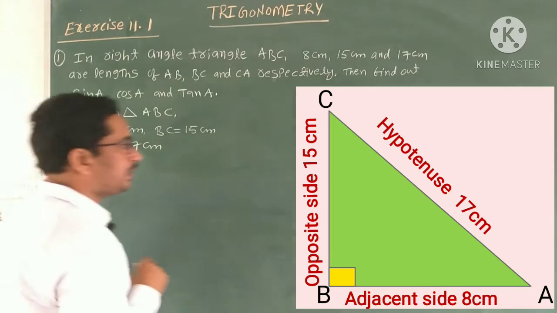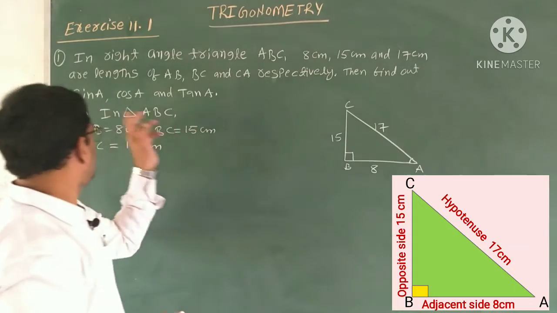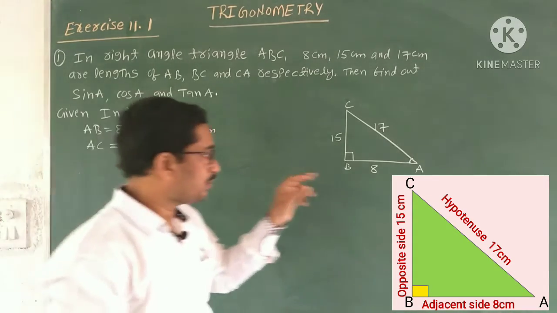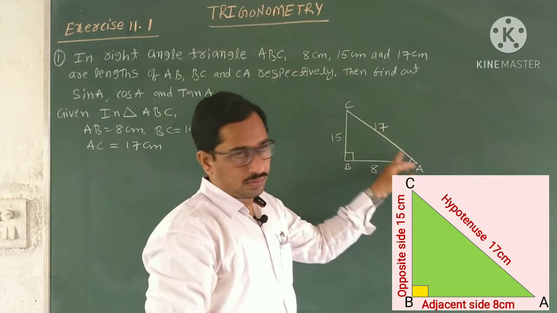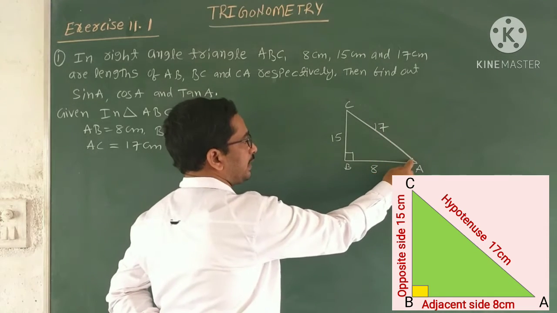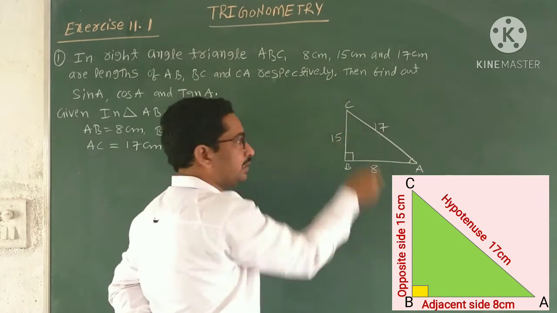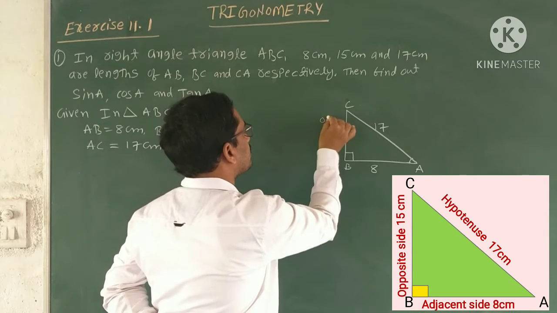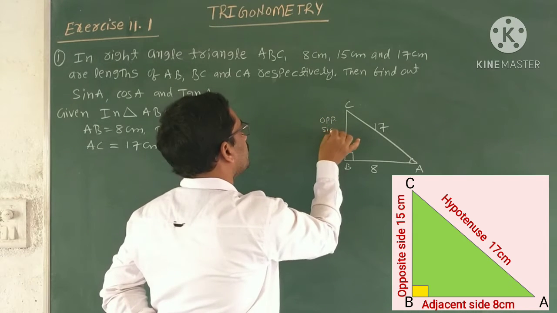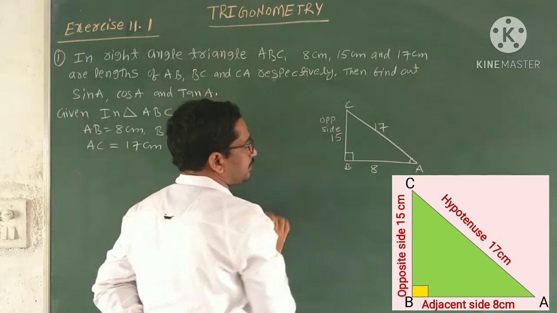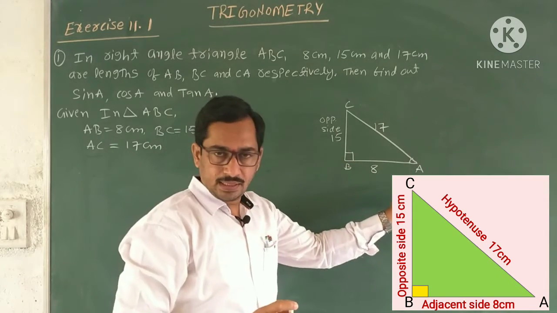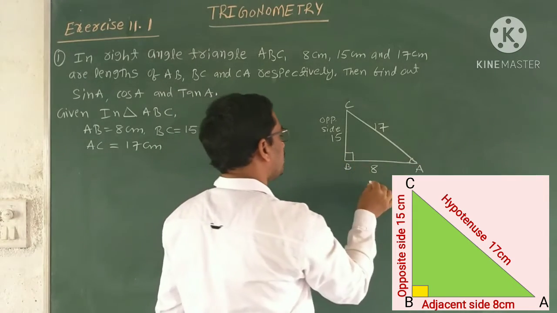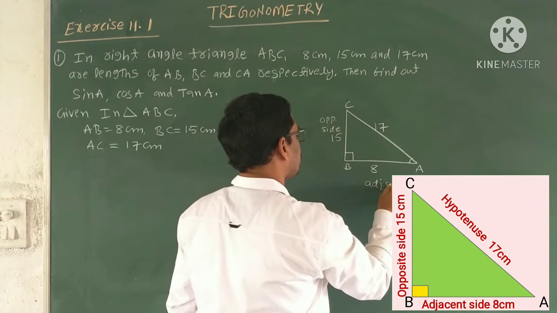Next see here the angle is given A, means with reference to the angle A. Now write the sides. Here angle A, opposite side is BC, so BC is opposite. Adjacent side of angle A is AB, so this is adjacent side.